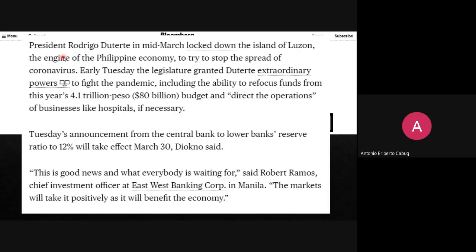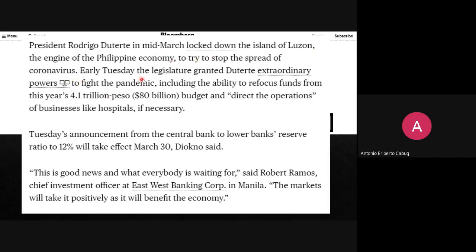So according to the news, President Rodrigo Duterte in mid-March locked down the island of Luzon. Hindi pa ito yung buong Pilipinas, no? So last year, akala natin papasok pa tayo, di ba? Locked down the island of Luzon, the engine of the Philippine economy, to try to stop the spread of coronavirus.